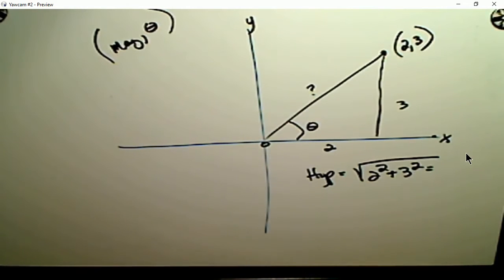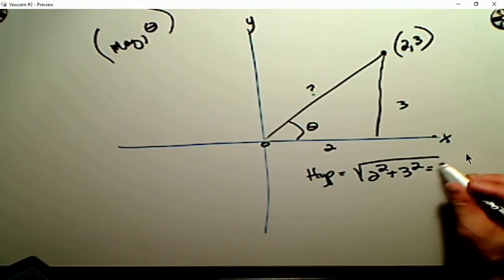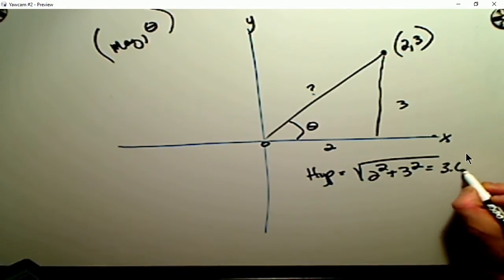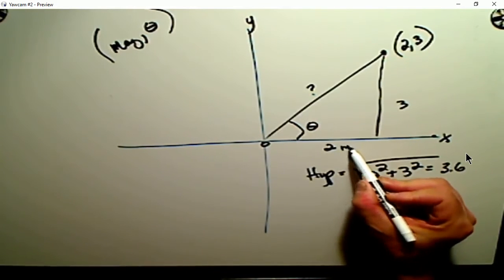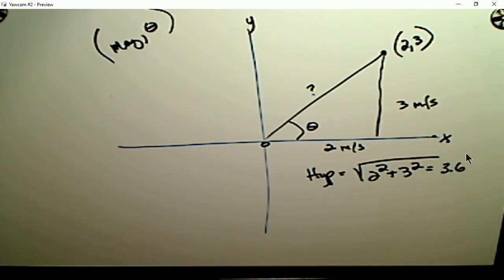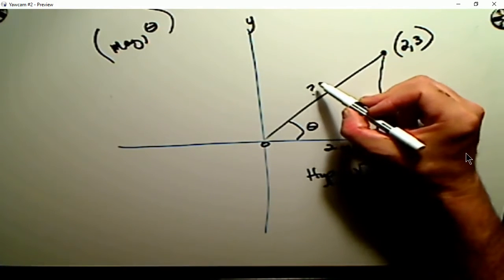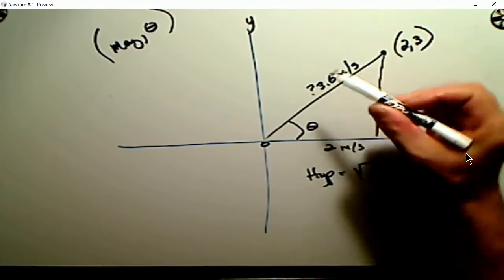Let me get out my trusty calculator and do that. And what I get is 3.6. Now, of course, I should add my units here. Let's say this was 2 meters per second as the vector, and this is 3 meters per second as a vector. Then what I just came up with is 3.6 meters per second.